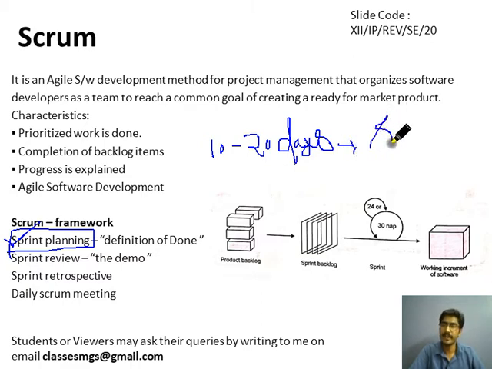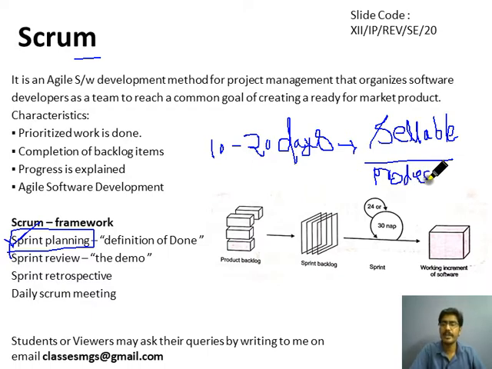We plan a sprint, and the sprint would be of 10 to 20 days, and in these 10 to 20 days the whole Scrum team including development team and Scrum master should deliver a sellable product in this particular period of time. So sprint means it is a time frame of 10 to 15 or 10 to 20 days in which the software development team will release a sellable product.